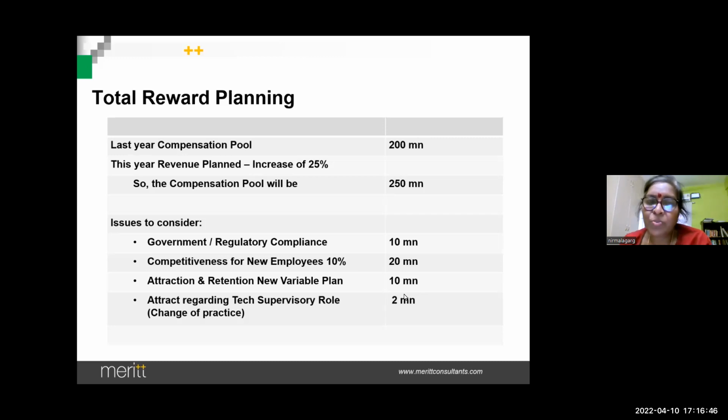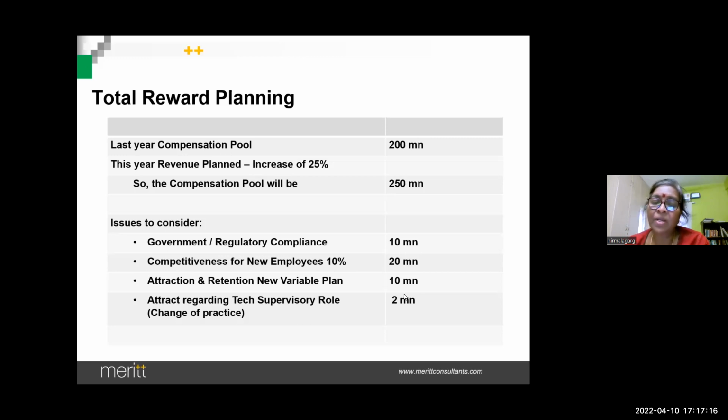If you have spent about 200 million last year on your wage cost, then to plan your budget for next year, what will you take into consideration? First, you will ask, is my revenue going to increase? You will need to ask your business, what is the revenue plan?